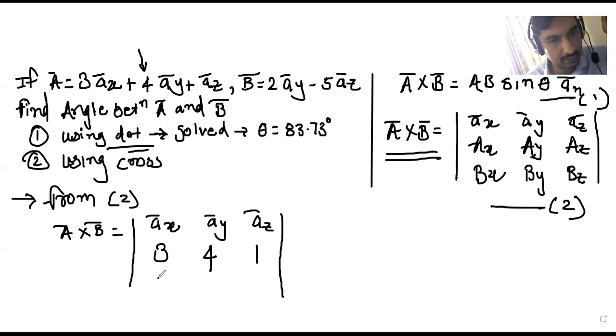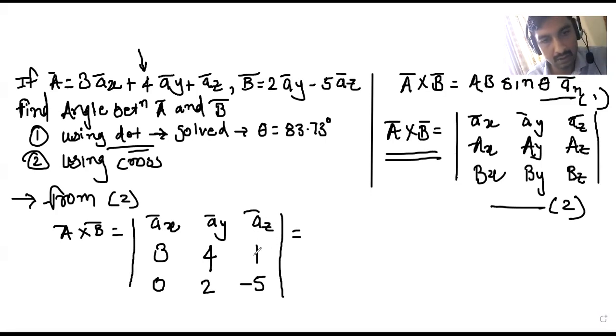Bx is 0, the bx term is absent, so that's why this coefficient is 0. Then by is 2 and bz is -5. So I hope you understand how we have written this determinant in this pattern as per the definition, right? Now we can proceed to solve this determinant.